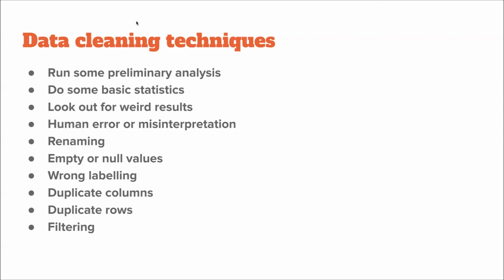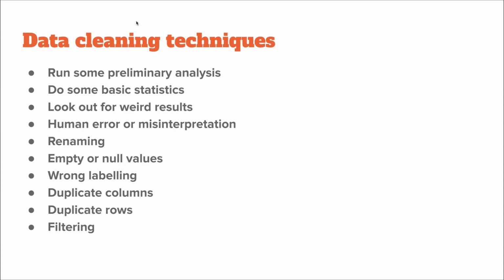Another thing is to look out for weird results. One other thing that happens more often than not is human error or misinterpretation. This is one of the biggest problems, where you are seeing something else but the data is actually the one that is correct. That's why data analysts work in groups or teams in an ideal organization.